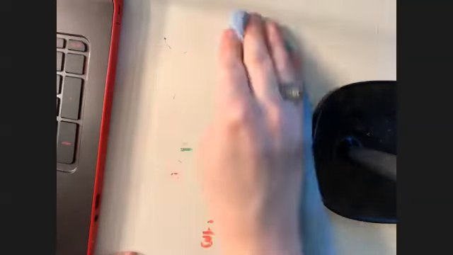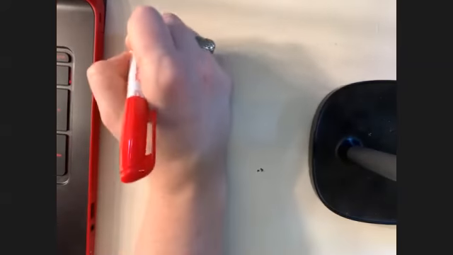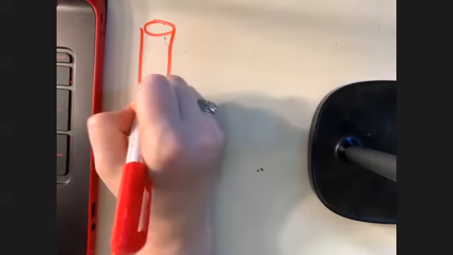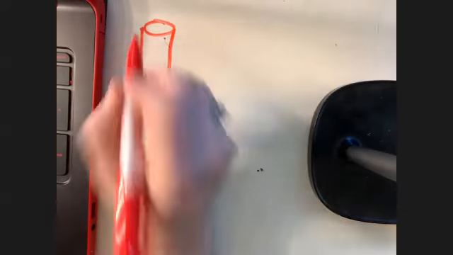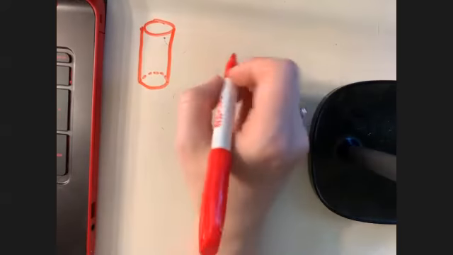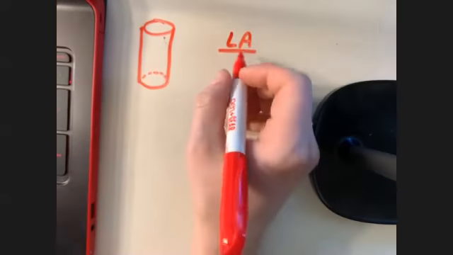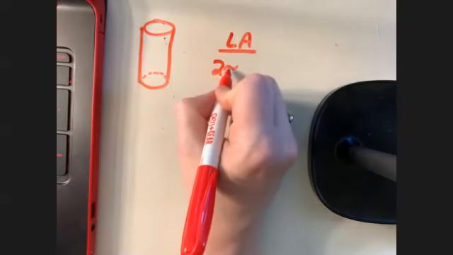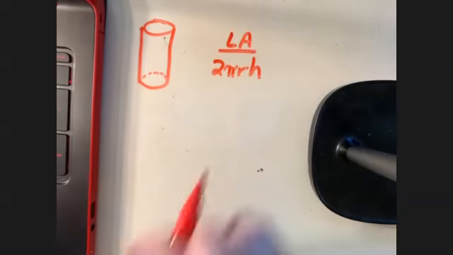Now, we did some shapes that involved circles. The first one that we handled is cylinders. Lateral area on your cylinder, which again is just that soup can label, is 2 pi r h.